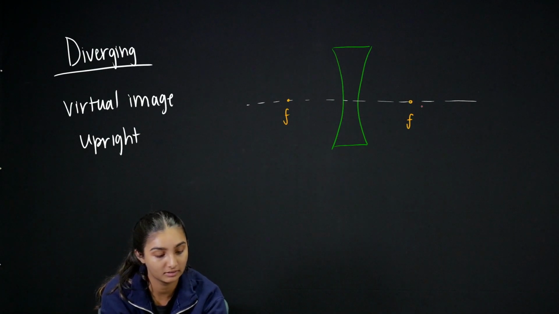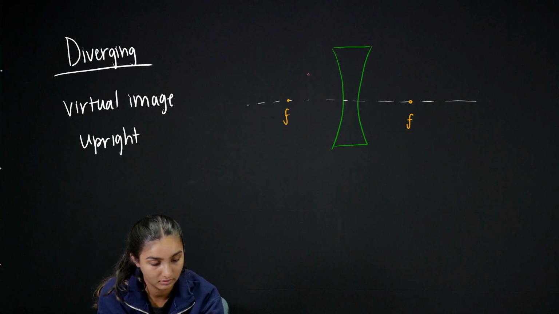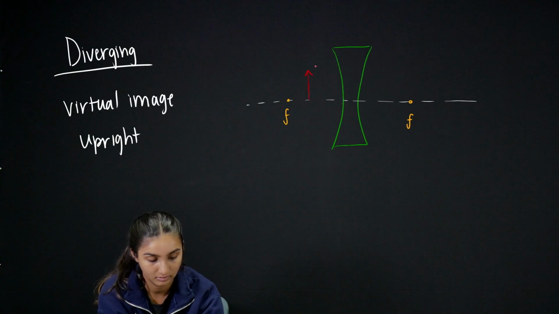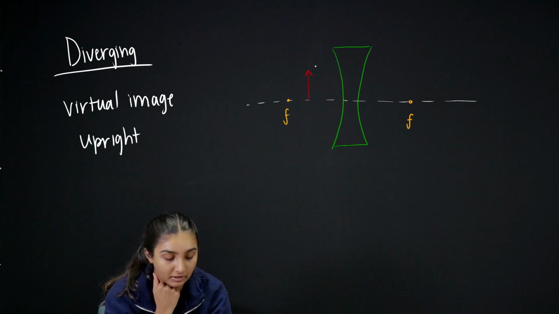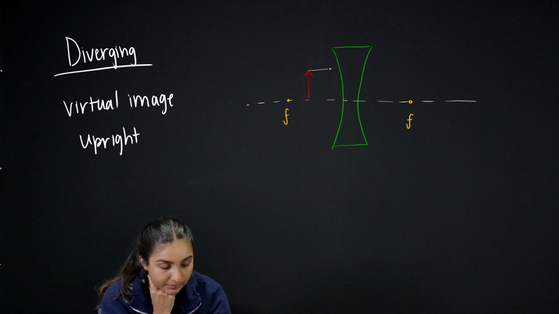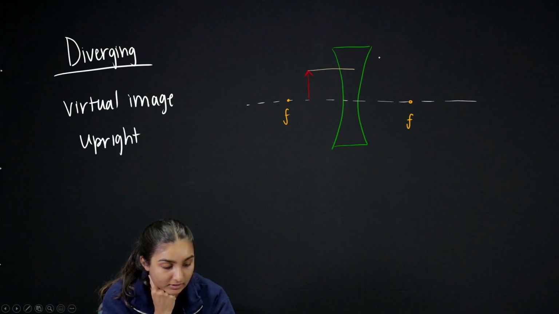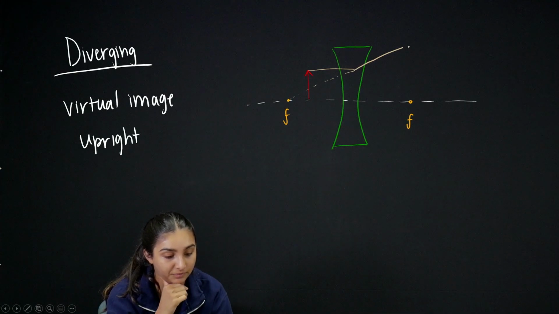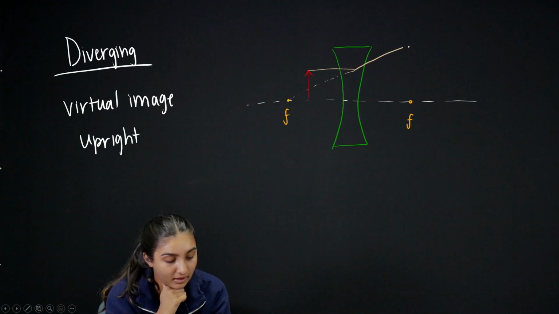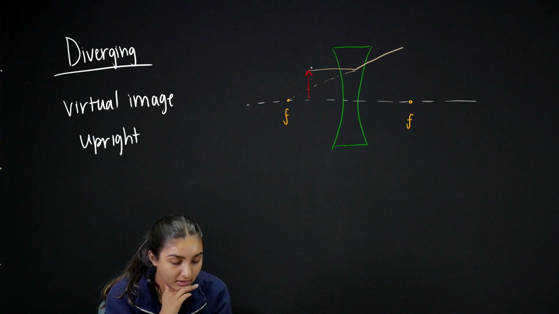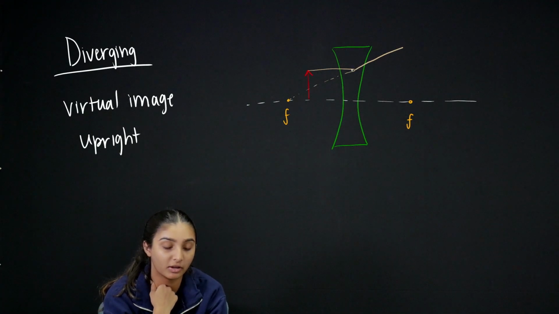And here is our object. Our first line is going to go parallel, and we're going to trace it back to our focal point, and it comes out of the lens diverging. Then our next line is going to go through our other focal point on the other side.